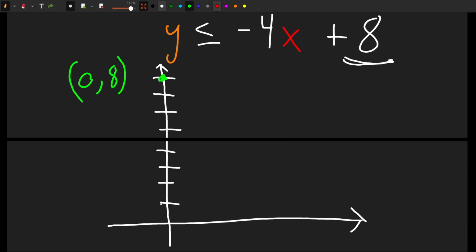And then using the slope, it's going to say to go down 4 over 1. So a lot of times I'll write the slope as a fraction, so that way I remember I need to go down 4 and then to the right 1. And so if I use forest green here as a different color, I'm going to go 1, 2, 3, 4, and then over 1 spot.